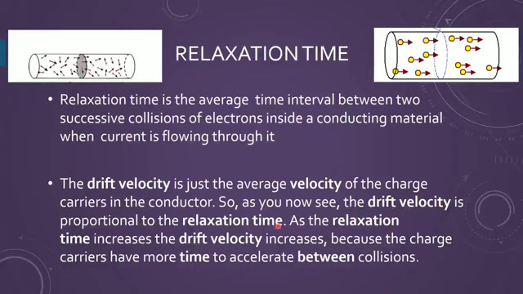We have derived the relation, that is E tau upon m. So drift velocity is directly proportional to the relaxation time. So drift velocity increases as relaxation time increases, because you are giving more time to accelerate between the collisions. So whenever electrons are in random motion, they are colliding with each other, and the relaxation time is simply the time between two successive collisions.